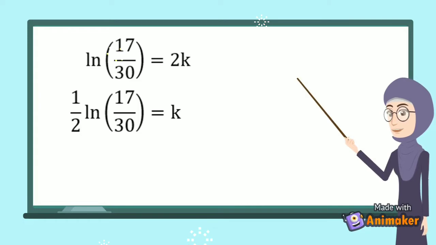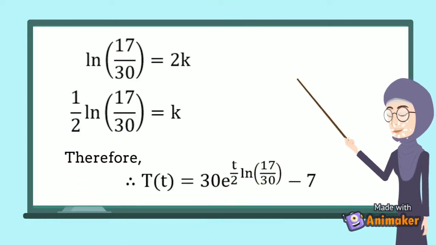We need to substitute this value of k into the equation. Therefore, the equation we have now is T of t is equal to 30 times e to the power of t over 2 ln of 17 divided by 30, minus 7.